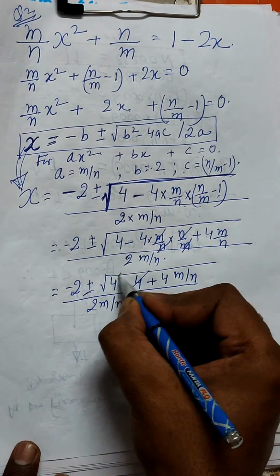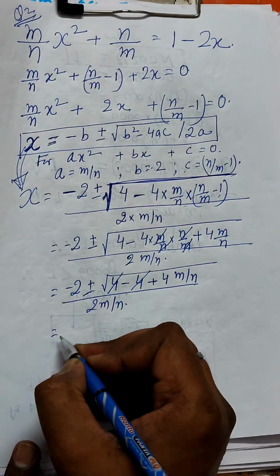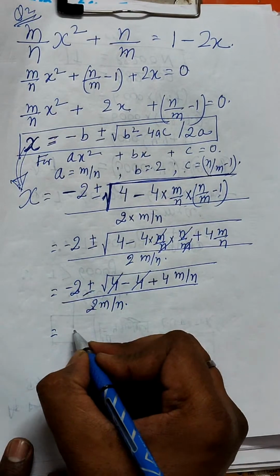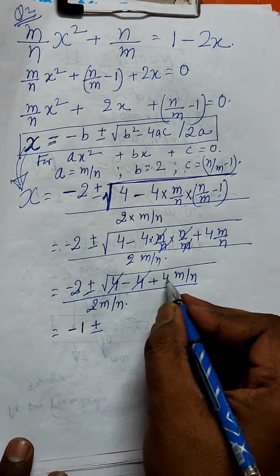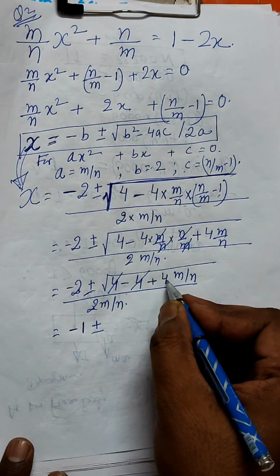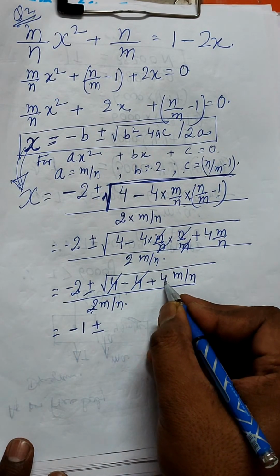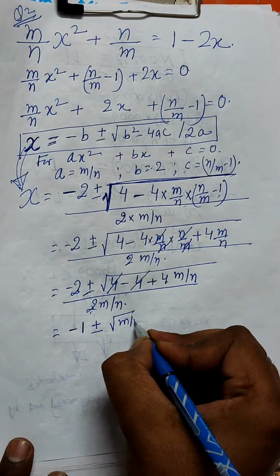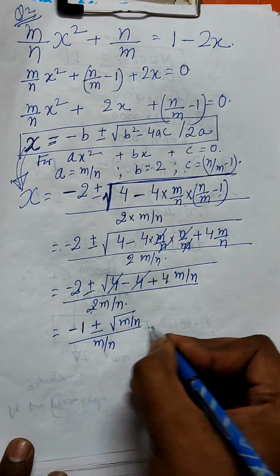Here 4 and 4 will be cancelled out. Now we are left with 2 will divide these 2. So we are left with minus 1 plus minus root over 4mn. So when 4 will be coming out, it will be 2, and this 2 will cancel out this 2. So we are left with plus minus root over m by n by m by n, right?